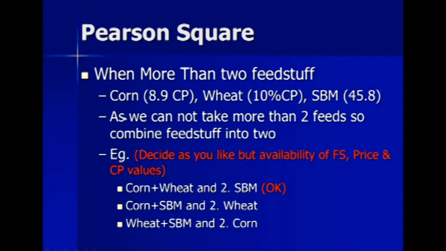Now we have three feedstuffs. So for Pearson's square, we can only use two feedstuffs. So one will be left that cannot be used through Pearson. So to make use of that feedstuff, we should make a decision so that we can mix two feedstuffs and that will be considered as a single feed.